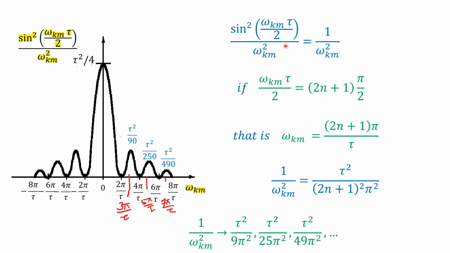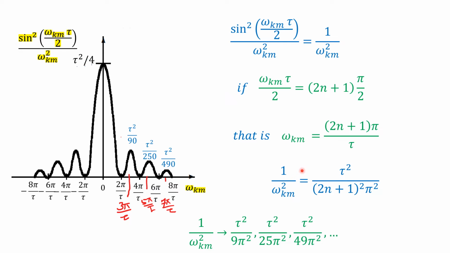That is, this argument omega km tau divided by 2 must be equal to 2n plus 1, an odd number, multiplied by pi by 2. Now this 2 and 2 will get cancelled, and you bring the tau to the right hand side. You will get omega km equal to 2n plus 1 times pi divided by tau.